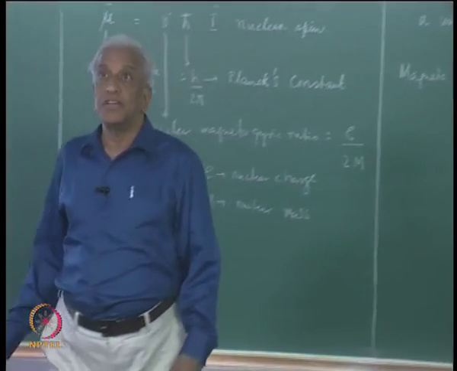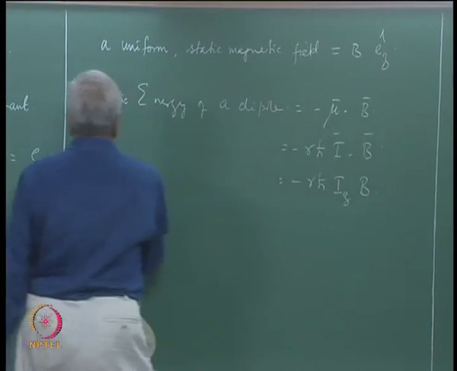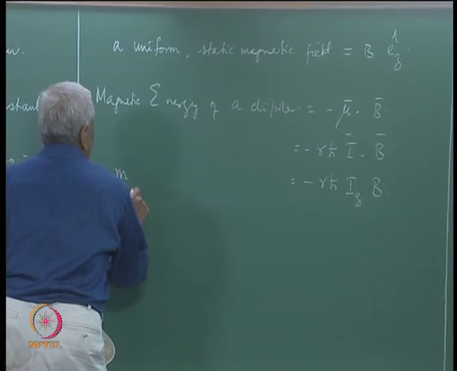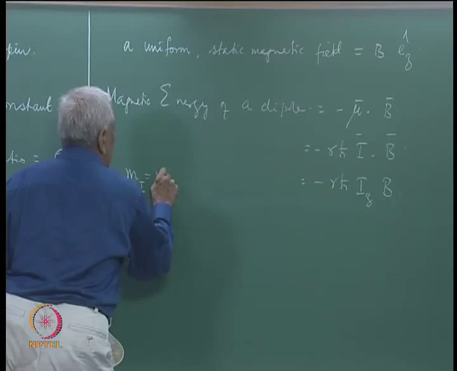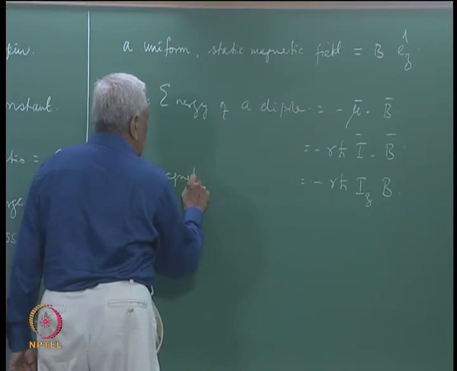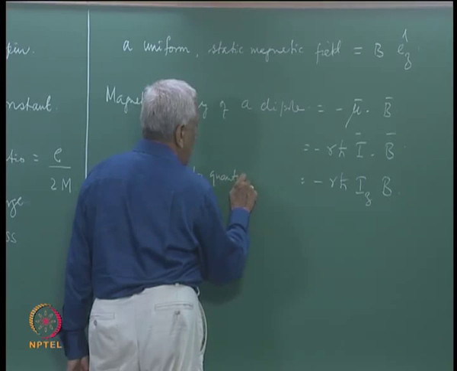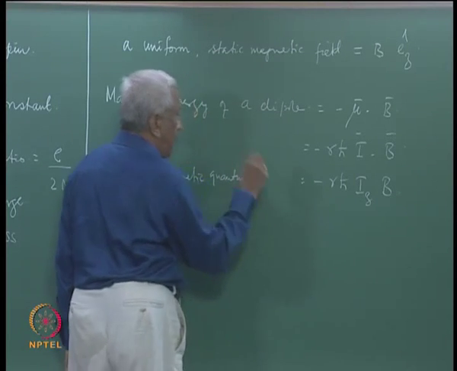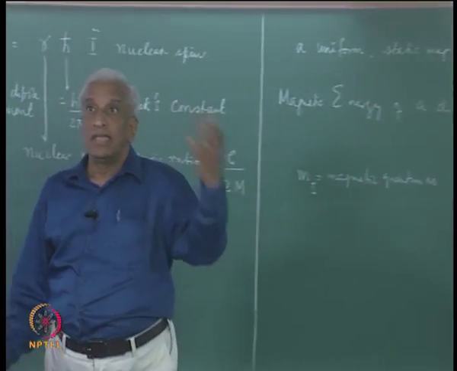Here I z is the z component of the spin angular momentum, and we know that if mI is the magnetic quantum number, then I z is quantized in units of mI.